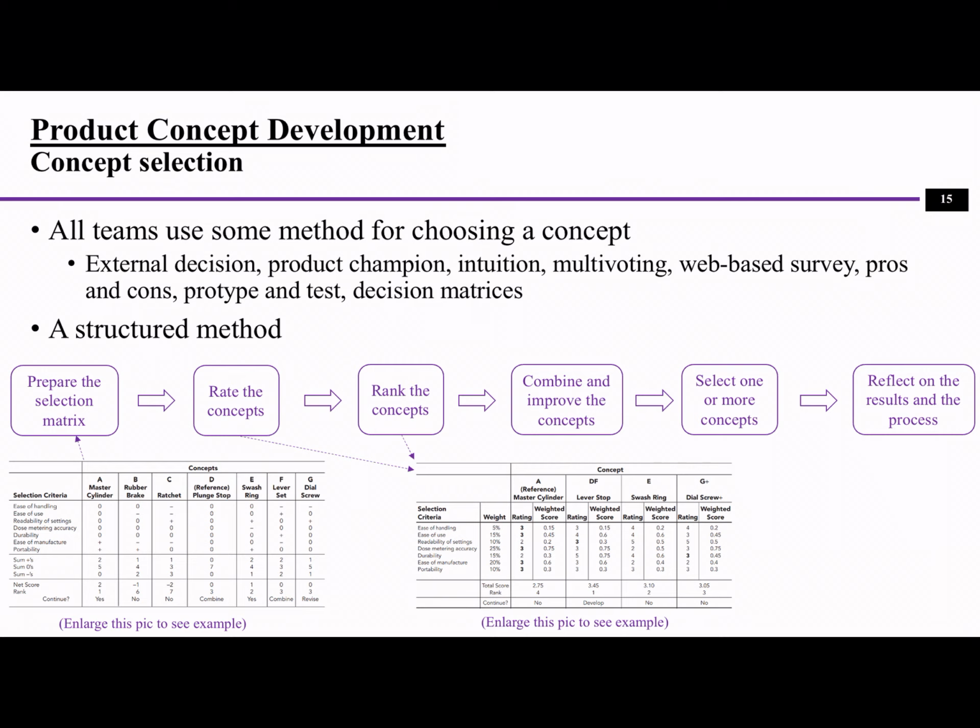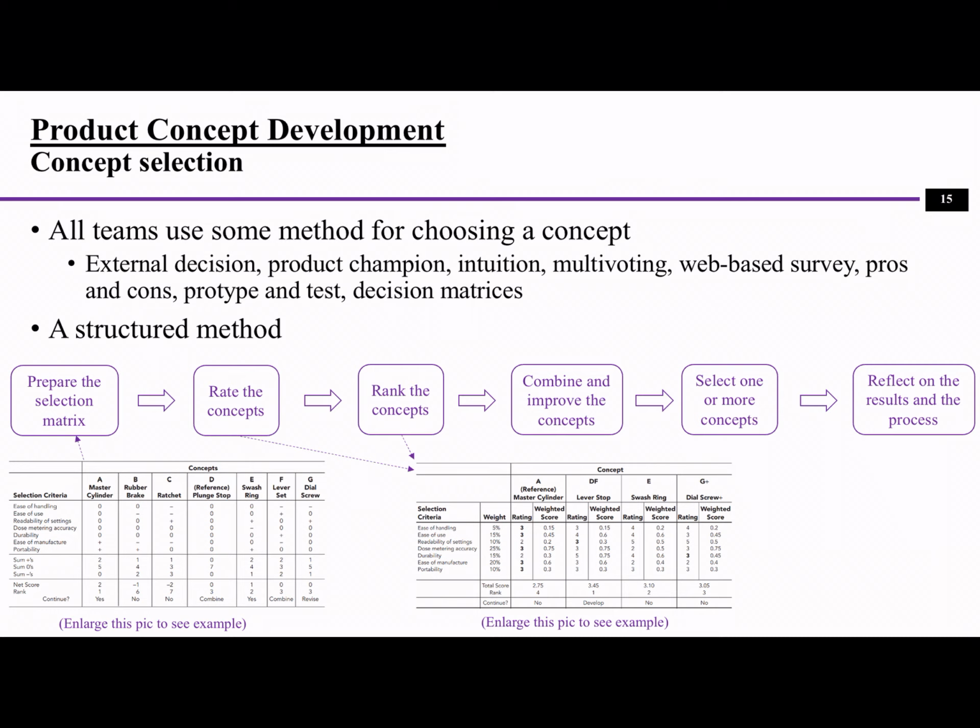Then after we get all the scores, we're going to rank the concepts, and then after you rank the concepts, you're probably going to find some highly ranked concepts. Something to note is that we do not have to stick to only one concept, because sometimes you can find that combining 2 or 3 concepts together can become a better concept. So the next step is to combine and improve the concepts.